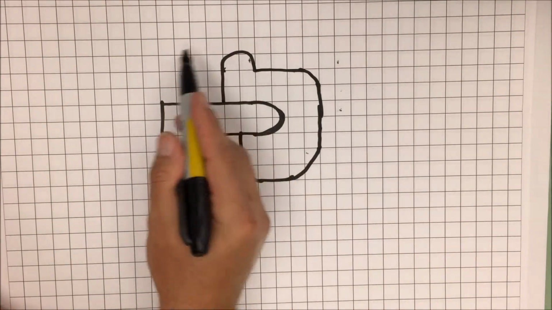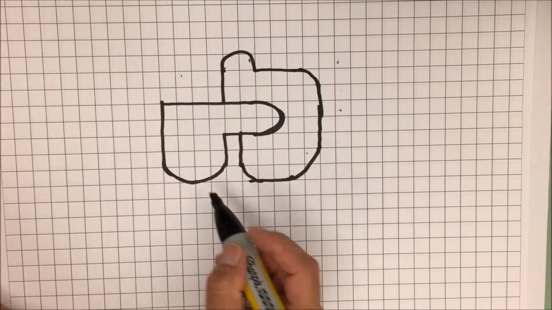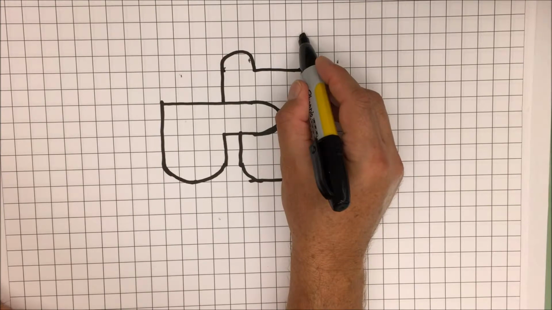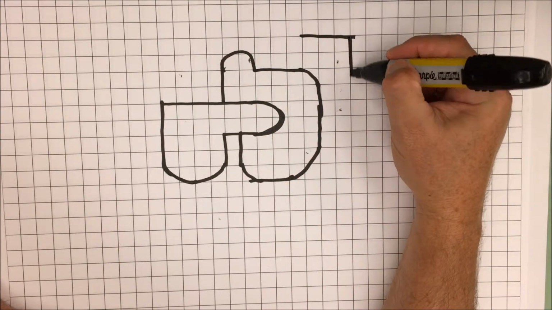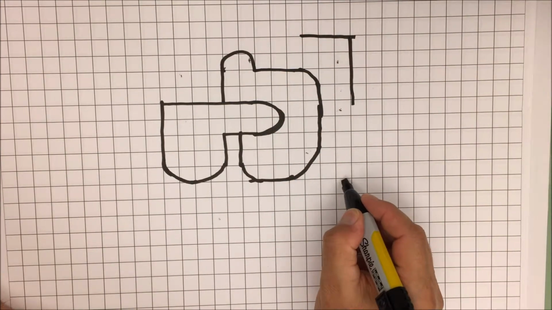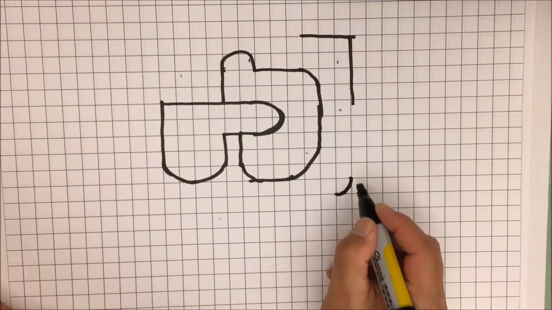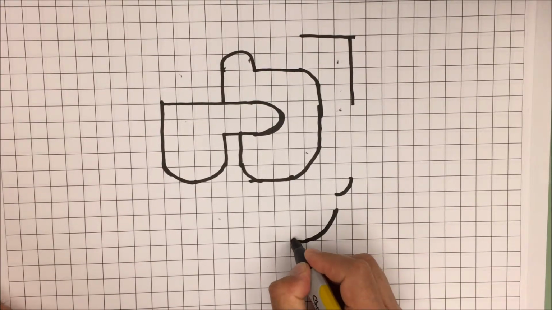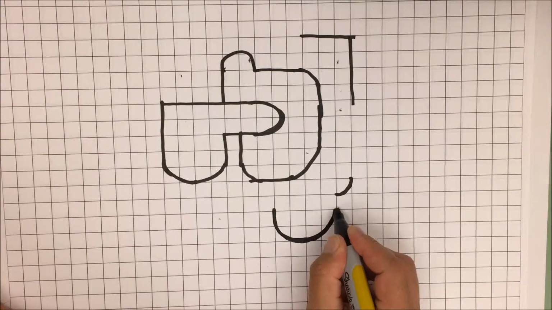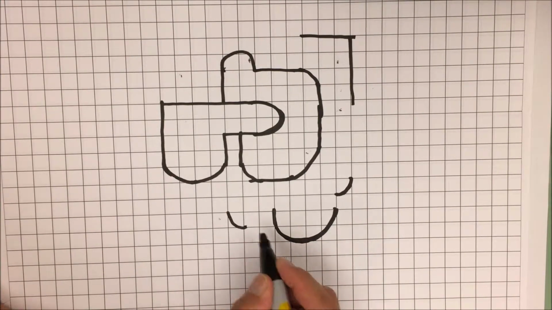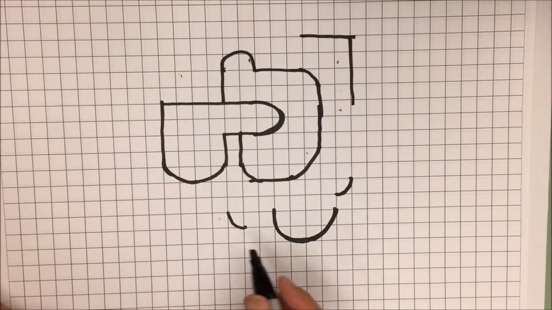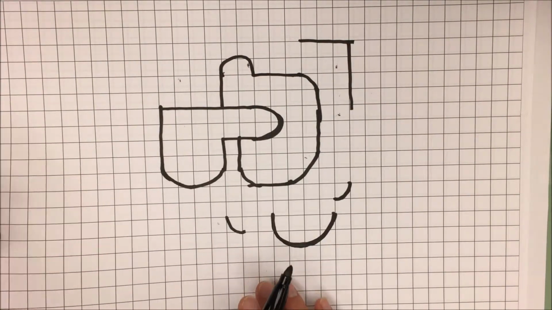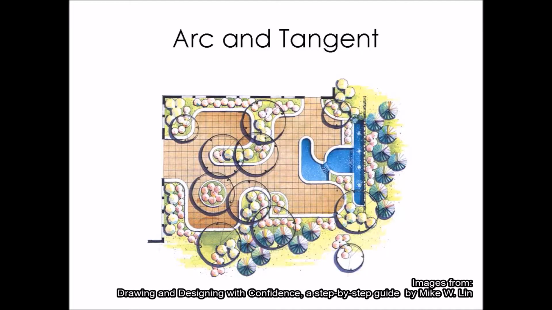These are just quick sketchy things, but all the geometry is horizontal, vertical, arcing one or two corners. You can have half circles, quarter circles, or three-quarter circles as well. That is the arctangent geometry.